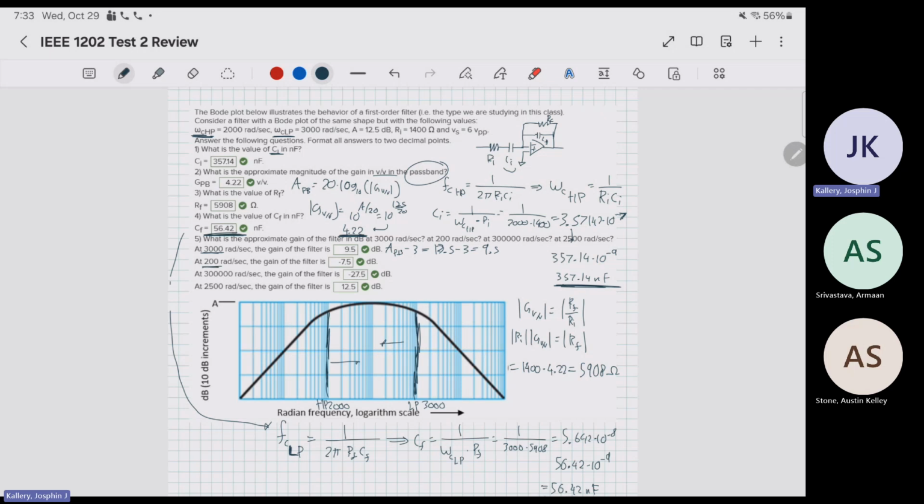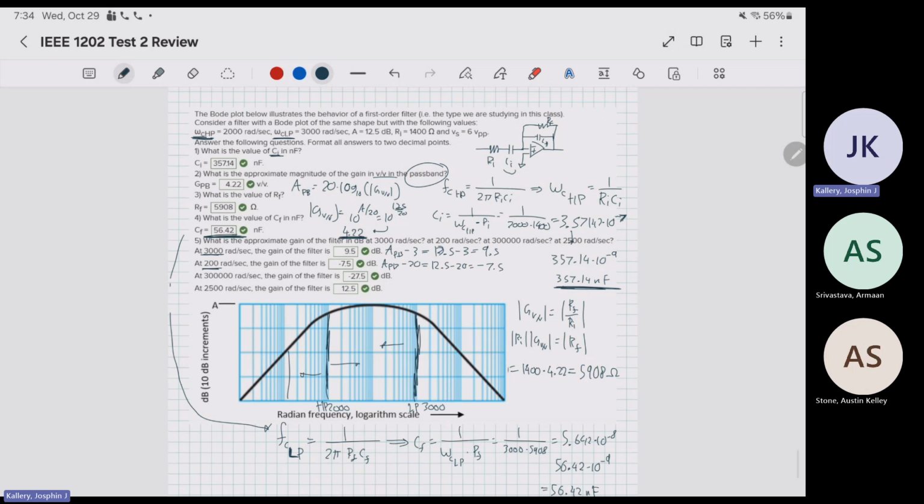Okay. Now we want to find the gain at 200 radians per second. If you notice, that's a decade lower from 2,000, so we have to subtract 20. Our gain is our gain in passband minus 20. 12.5 minus 20 equals negative 7.5. Now we're looking at 300,000 radians per second.